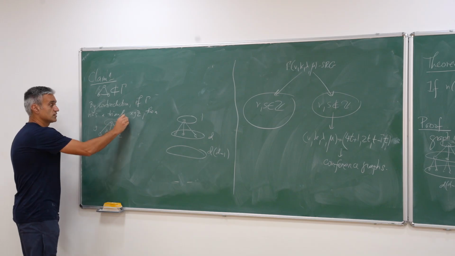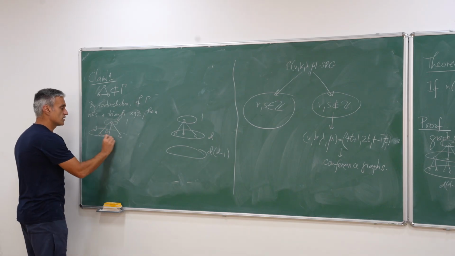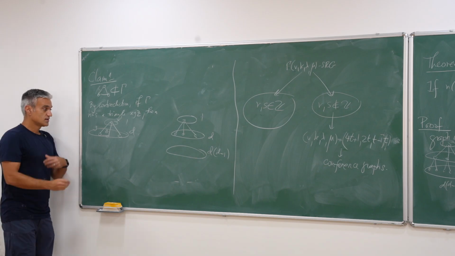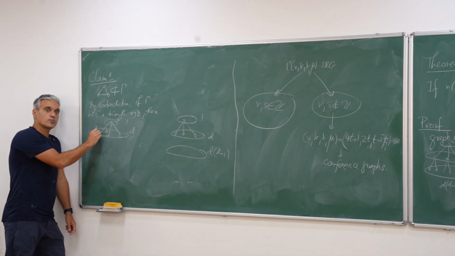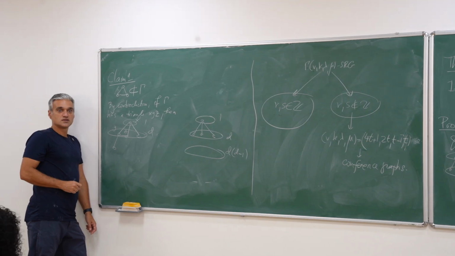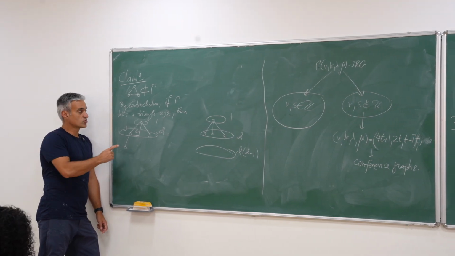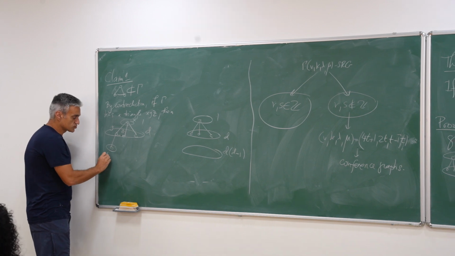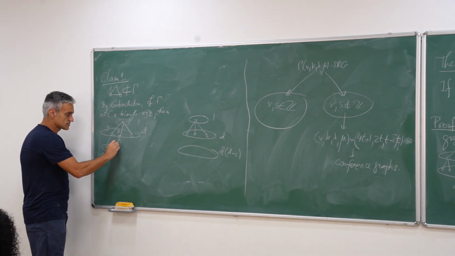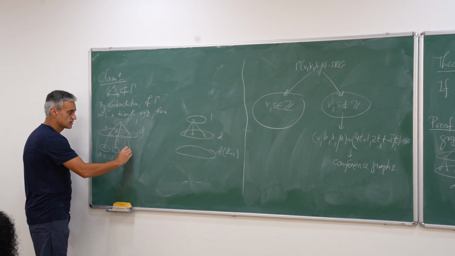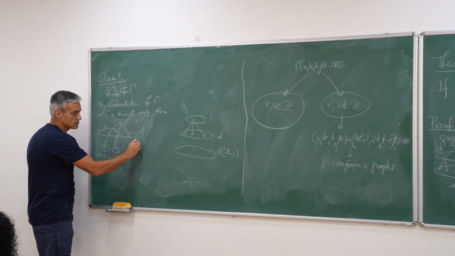Here you will have 1, that's okay. Here you will also have d, because these are all the neighbors. Now, this vertex y, how many vertices is it going to send down? d minus 2, because it loses this edge here. So this one sends d minus 2, this one sends d minus 2, and each of the remaining ones may send d minus 1.